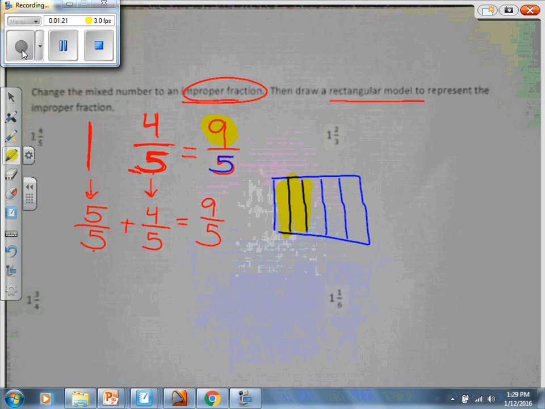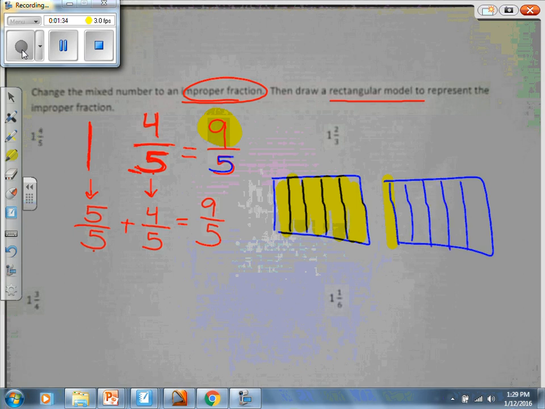1, 2, 3, 4, 5, but I need 9, so I need to draw another rectangular model. 1, 2, 3, 4, 5. And since I have 5 already here, I'm going to go 6, 7, 8, 9.